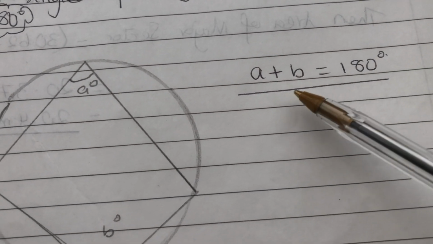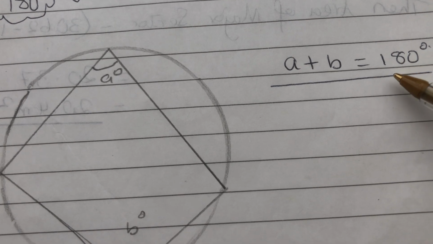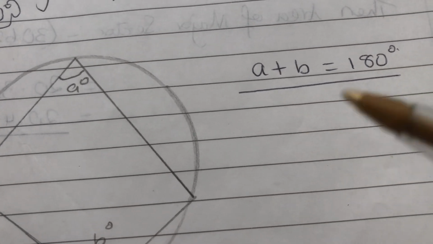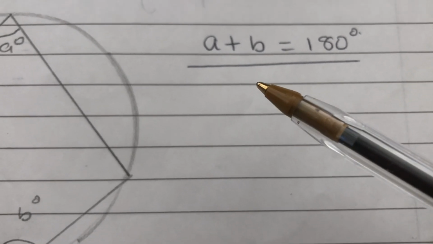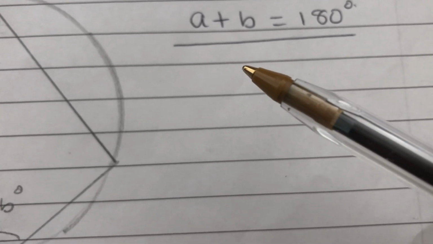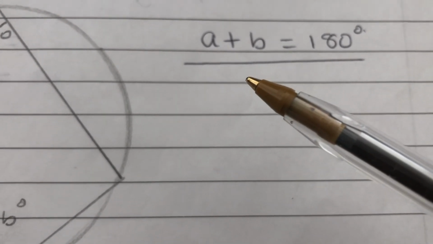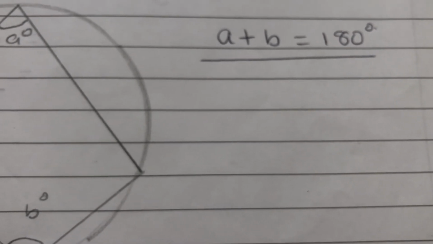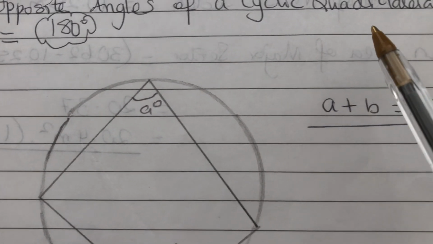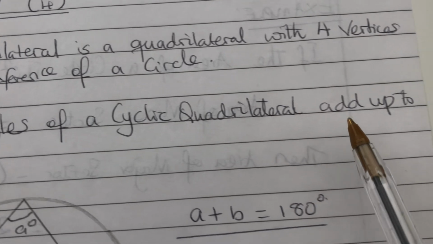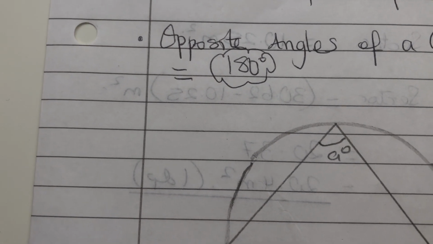So a plus b equals 160. Assuming they ask you to give the name or the reason why you gave your answer, you say that opposite angles in a cyclic quadrilateral add up to 180.